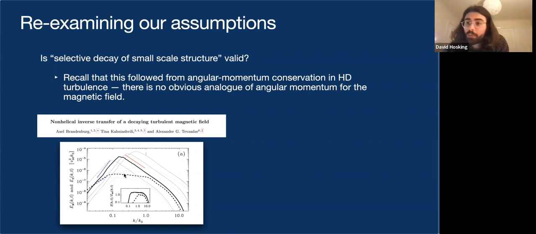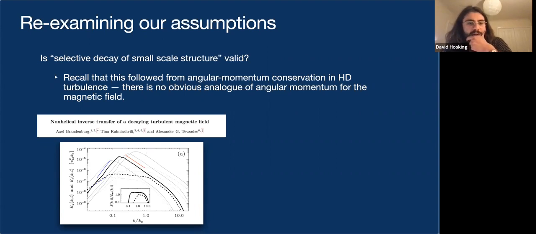If you get into the properly turbulent regime, this k to the 4 spectrum grows with time. You can see the dark black line, the magnetic energy spectrum, and some surrounding times in pale gray, and you see that this k to the 4 asymptote goes up with time. This was discovered by Brandenburg, and around the same time in kinetic simulations by Zrake.